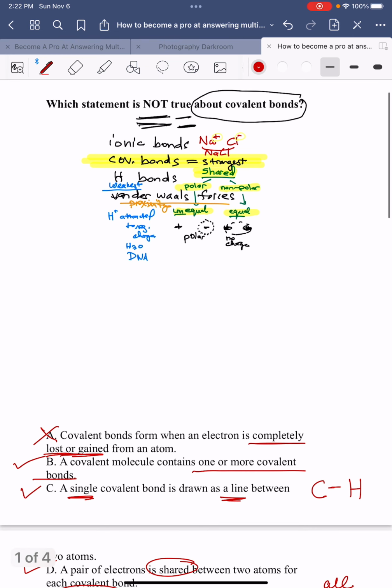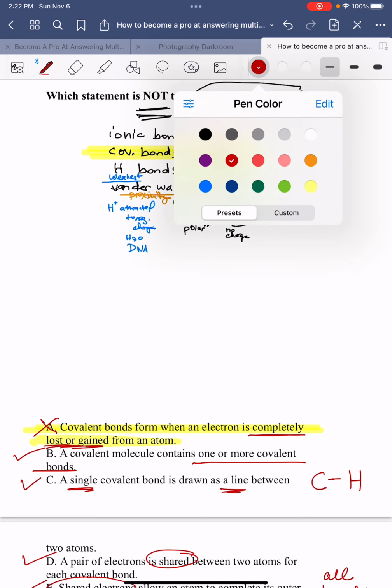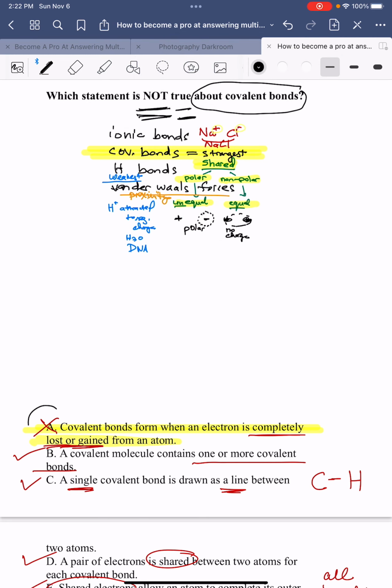The question was, which statement is not true, right? And we have chosen from our options that A, covalent bonds form when an electron is completely lost, again, this is not true. So this one will be the answer that we select. And so we will bubble on our Scantron or circle A as the answer option.